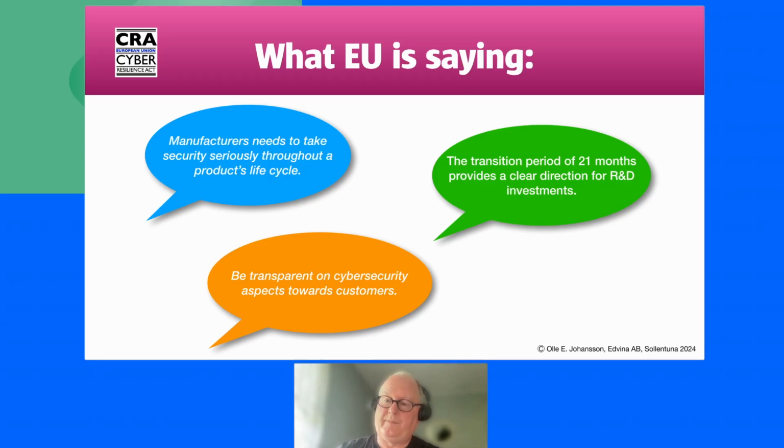So basically, again, I'm repeating myself a bit. What the EU is saying here is that manufacturers can no longer say that security is a customer issue. It is now a vendor issue. If you want to sell products on the market, they have to be cyber secure, and you have to maintain the product.